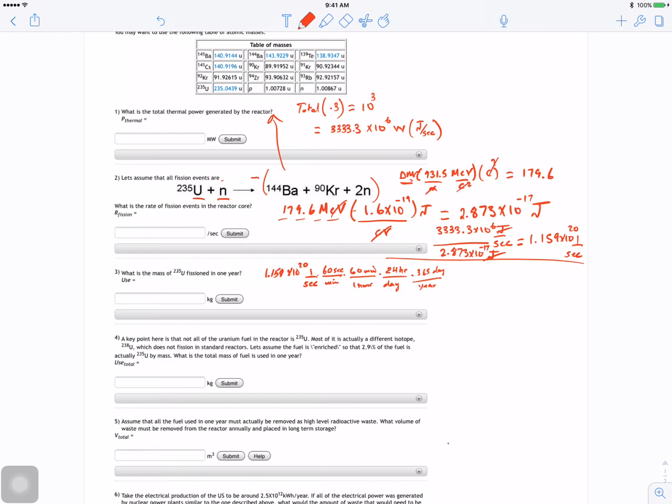For this I got 3.655 e to the 27 per year.